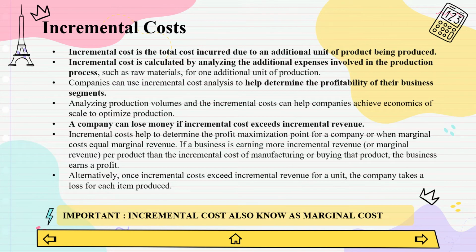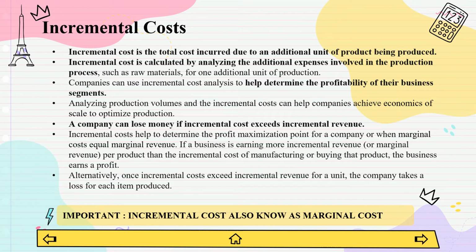Next is incremental cost. Incremental cost is the total cost incurred due to an additional unit of product being produced. Incremental cost is calculated by analyzing the additional expenses involved in the production process, such as raw materials for one additional unit of production.